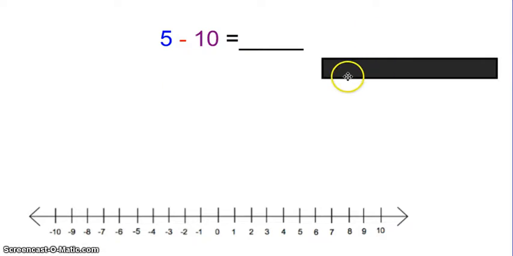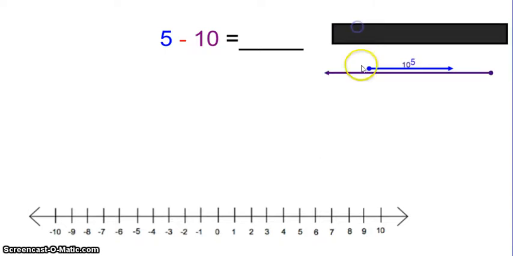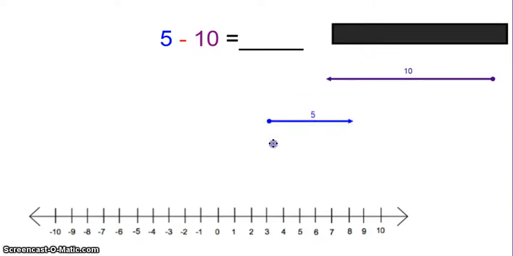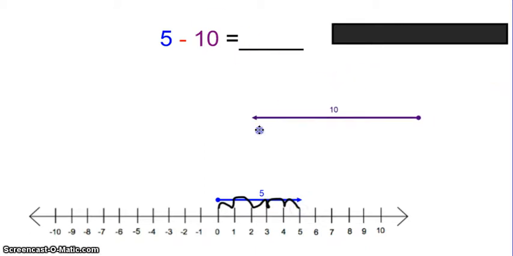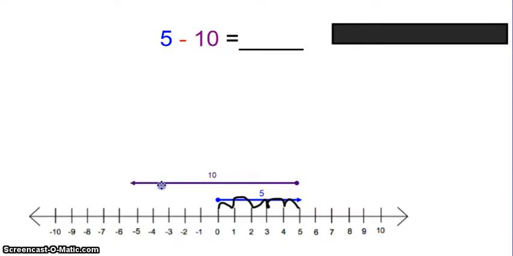Another way we can look at it is 5 minus 10 on a number line. I know we've had a bunch of practice with number lines, so you should be all pros at it. We'll show this one on a number line. If you could write this one in your notes, that would be great. So we're going to start off and we have $5. So we're going to move 5 units to the right. So when we move 5 units to the right, it'll look like 1, 2, 3, 4, 5. Then, because we are subtracting 10, so we're taking away 10, we're actually going to be in the negative realm.